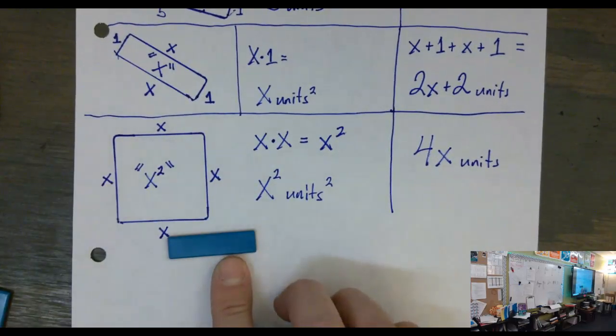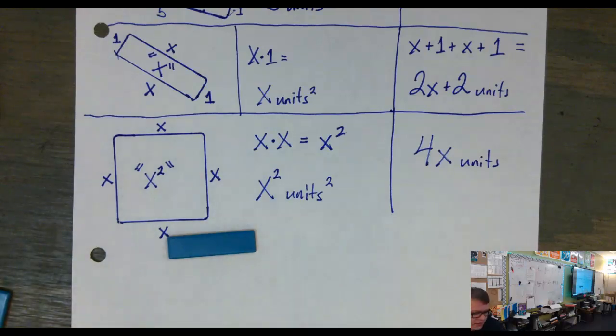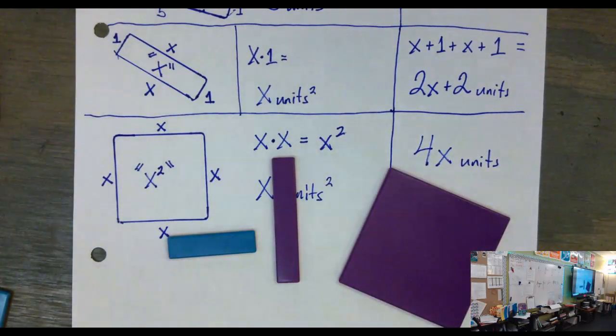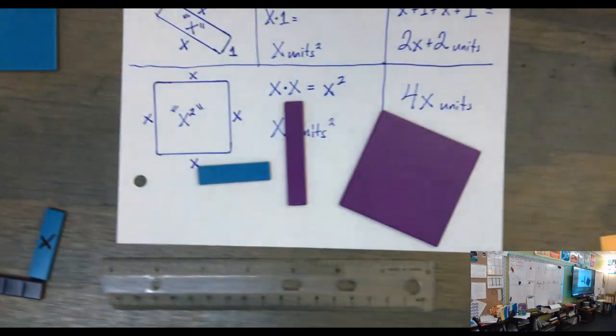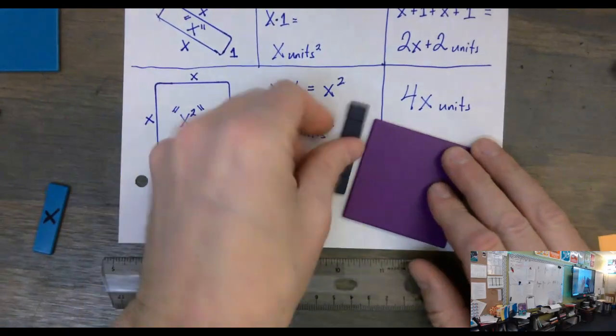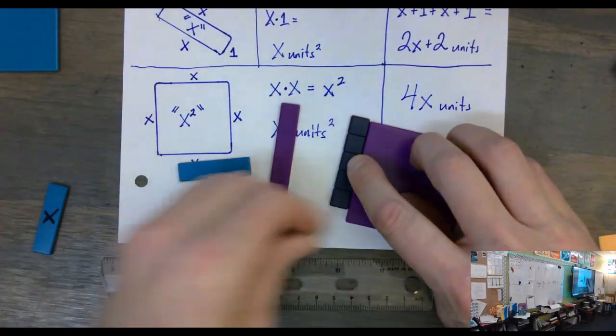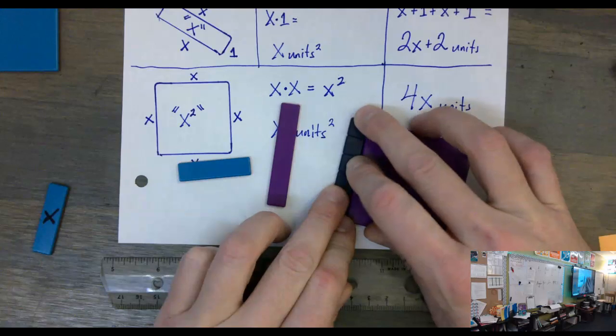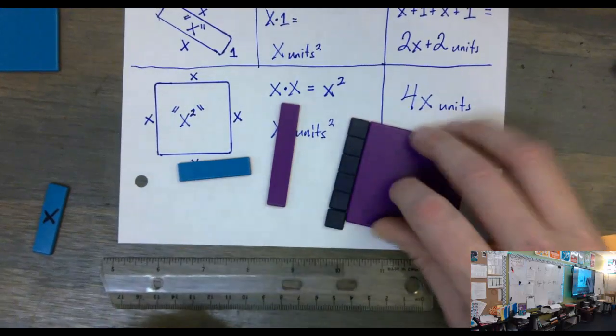We didn't know what this was. We called it X. But if you look at one of your purple tiles, do we know what the purple is? We've got a couple purple tiles, right? If I try to line them up, not really.